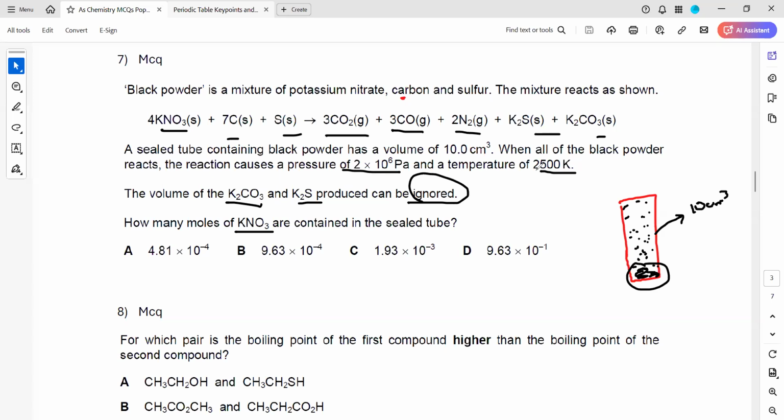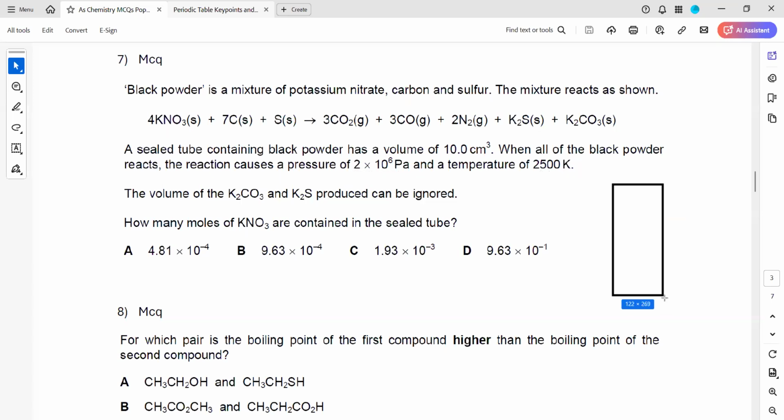In the beginning, we have a black powder. This black powder is actually potassium nitrate, carbon, and sulfur. When this black powder reacts, it produces gases: carbon dioxide, carbon monoxide, and nitrogen.